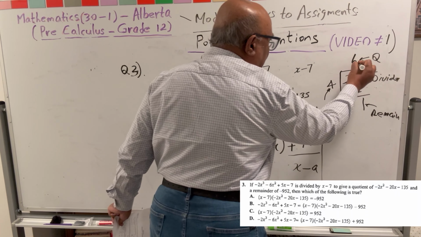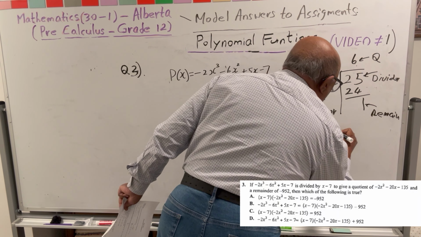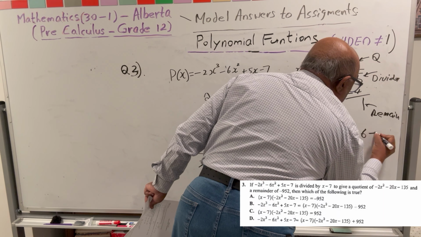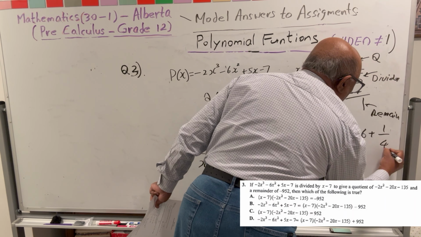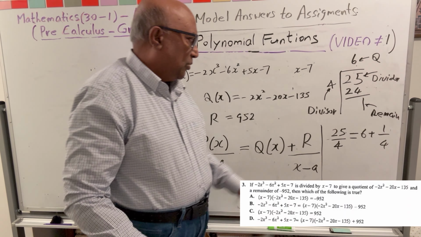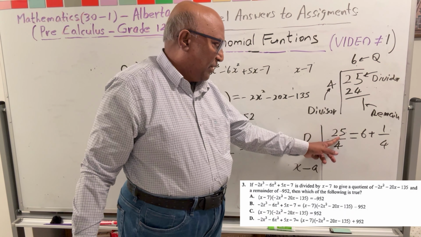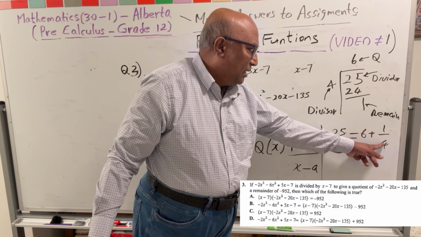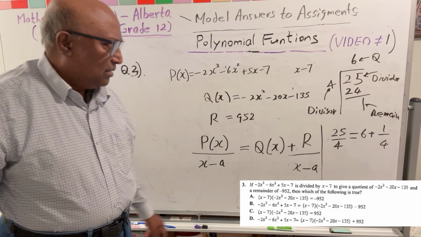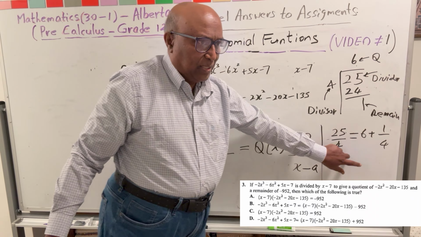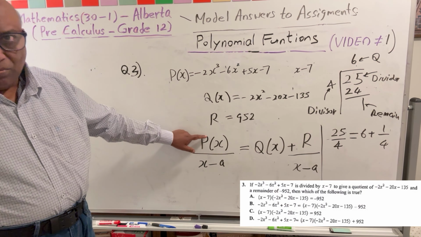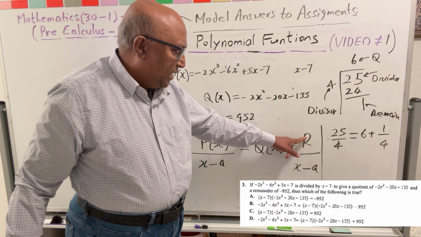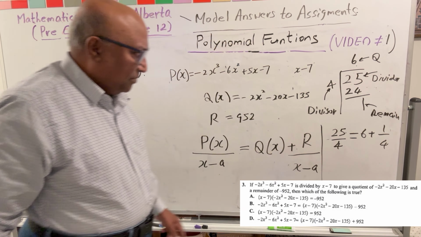We can relate this like this: 25 upon 4 is equal to 6 plus 1 upon 4. When you divide 25 by 4, this is the quotient, this is the remainder, this is the divisor. Just to understand using this example: dividend divided by divisor equals quotient plus remainder divided by divisor.